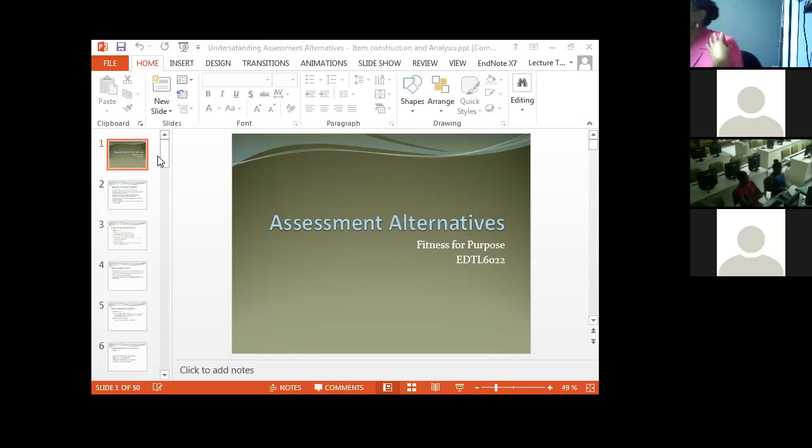Let's just take from there. Okay. We want to talk a bit then about assessment alternatives and how it is that we address them. And there's a notion in assessment that we use, a phrase, concept, fitness for purpose. The whole idea being that whatever it is that you're going to be using, it must fit the purpose.